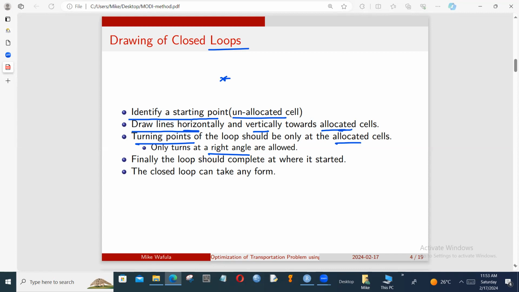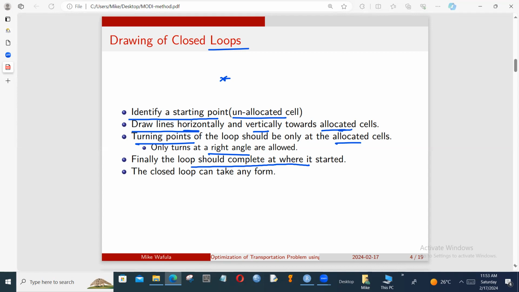You don't turn to a direction towards a cell which has no units. And of course, we're also saying that the loop must be closed, and therefore you must come back to the starting point.